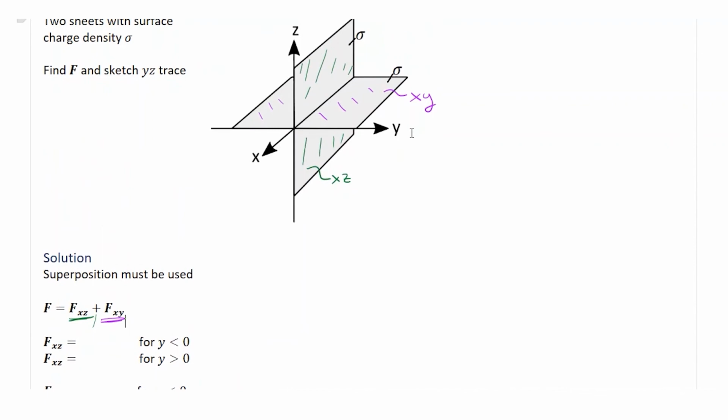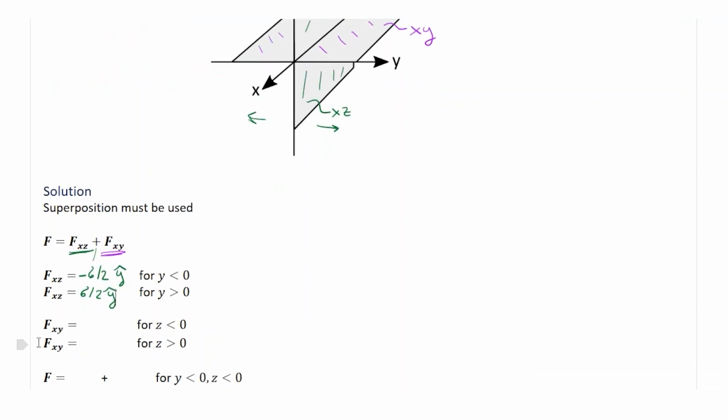Fxz for y that's less than 0, so on the left side of the sheet, is equal to a negative number, so has negative y component. So it's negative sigma over 2 times y hat, because it goes like this. On the right-hand side, it goes to the right, so we get sigma over 2 times y hat.